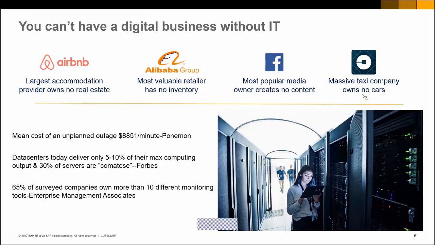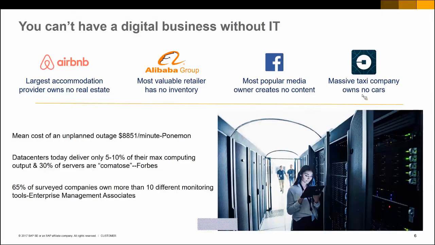I mean, Airbnb connects people to rentals. They don't actually own real estate. Alibaba connects retailers. It doesn't hold an inventory. So the way the world is interacting is changing, and that interaction relies more and more on IT to ensure that connection and that interaction. And if it's down, as I said, the business is bleeding money.